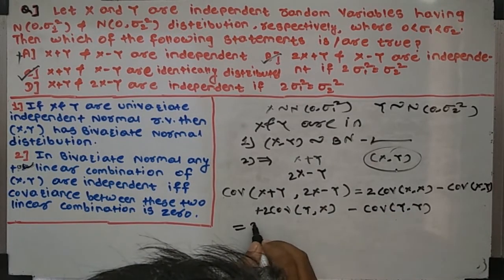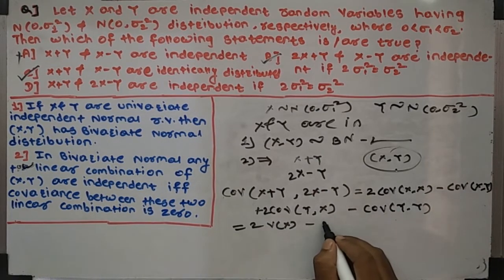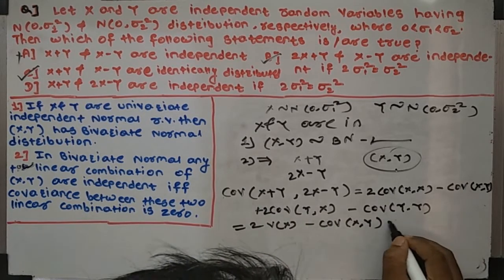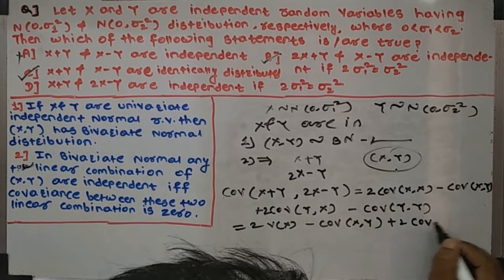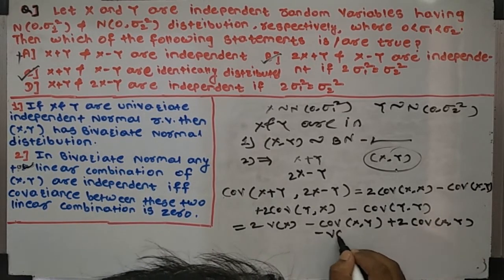So this is equal to 2 into variance of x, because covariance between x and x is variance of x, minus covariance between x comma y, plus 2 into covariance between y comma x, similar to x comma y, minus variance of y.